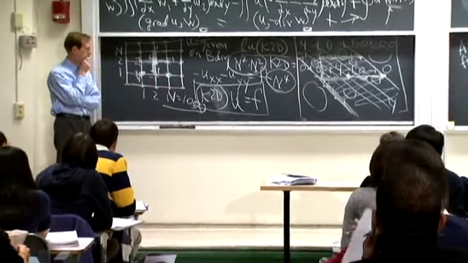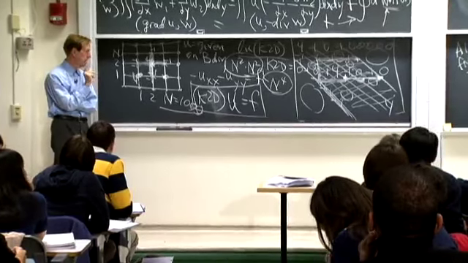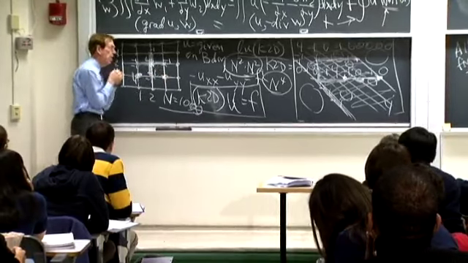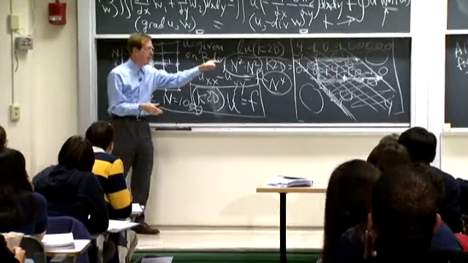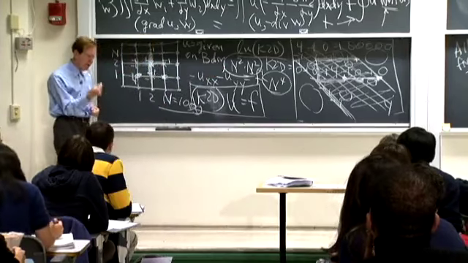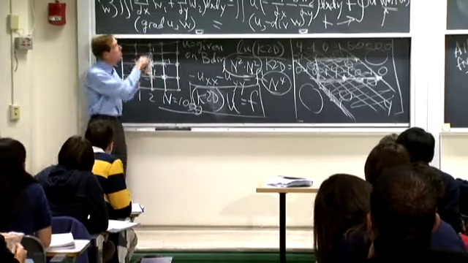But today's topic is using the fact that this is a square, that this matrix has a special form, so that we can actually find its eigenvalues and eigenvectors, and that's what makes a fast Poisson solver.